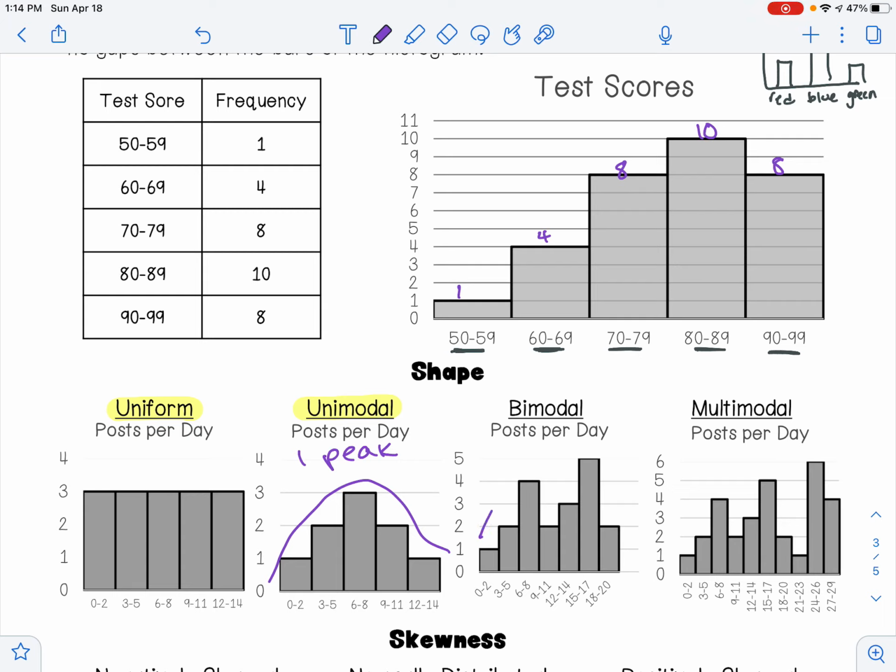On this next one, if we have 2 peaks, then we say that it is bimodal. And on this last one, we have 1, 2, 3 peaks. We say that it is multimodal. And we actually use multimodal for anything that's more than 2 peaks.